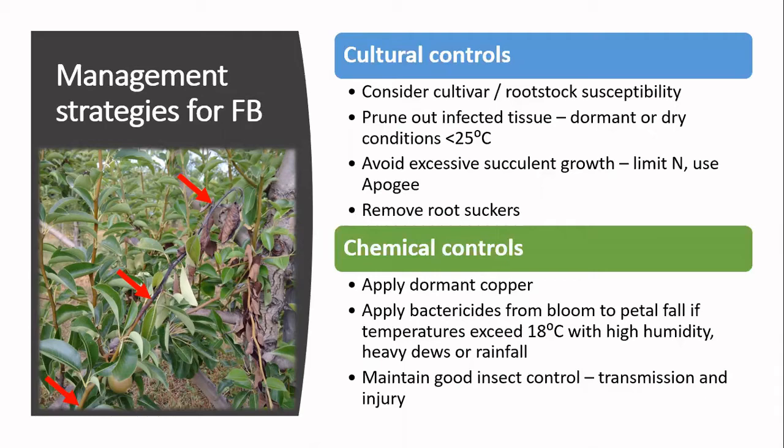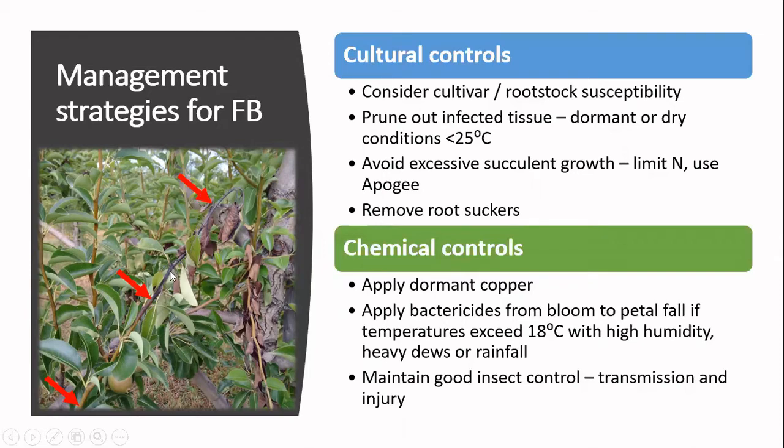The picture here on the left is an image of an infected shoot. And I have a number of arrows here to help with identifying where to prune on the tree. This first arrow at the top of the shoot is a dead part of the shoot, so there is no active bacteria within this area. Where the bacteria is residing is down here at the transition zone, where the second arrow is pointing.